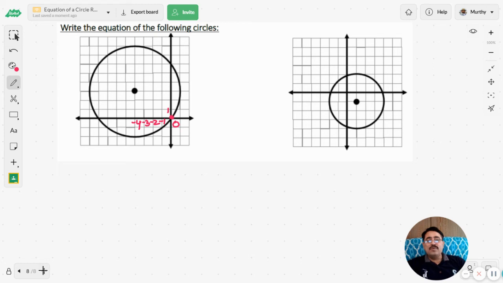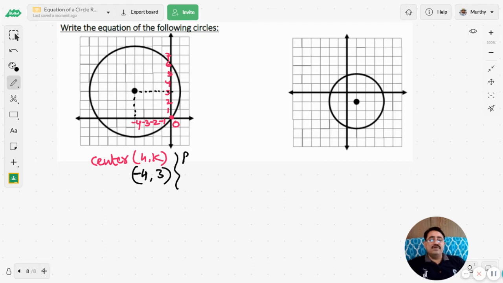So this is going to be 1, 2, 3, 4, 5, 6, and so on. Therefore, center h comma k, what are the values, the value of h, I see that negative 4. The value of k, it is 3.